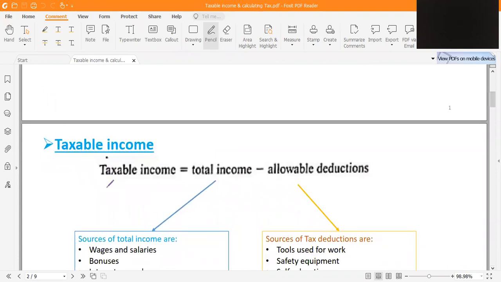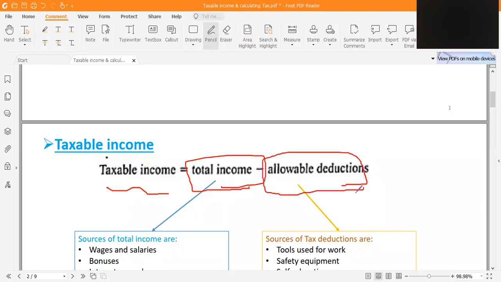The taxable income is the amount of income for which we calculate the tax. By definition, it is the difference between total income and tax deductions, or permitted deductions.